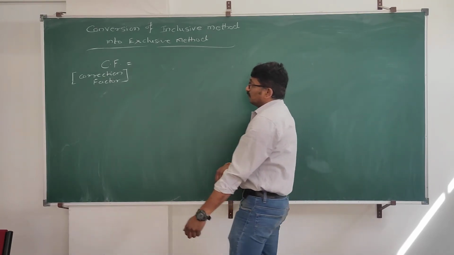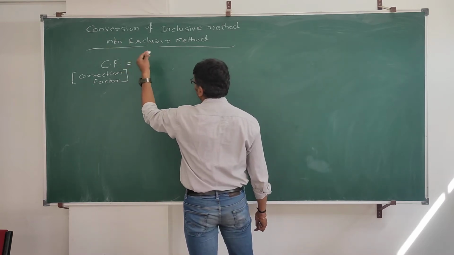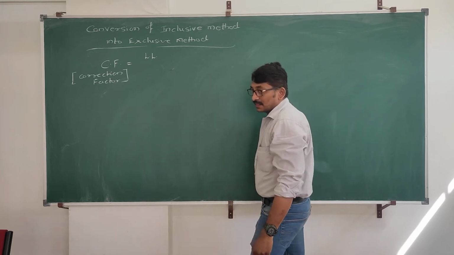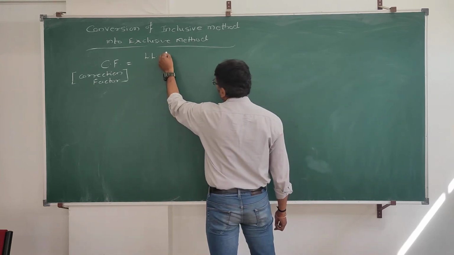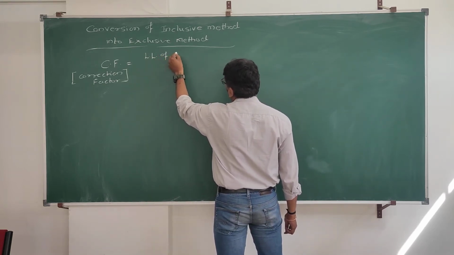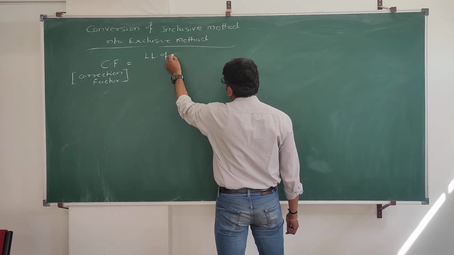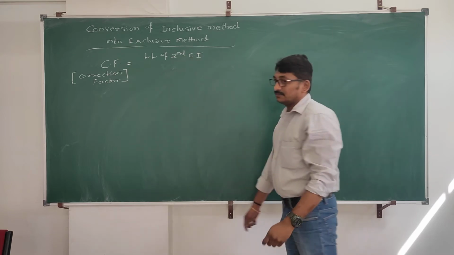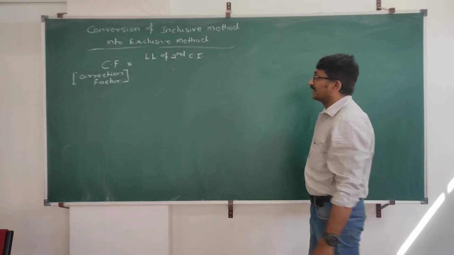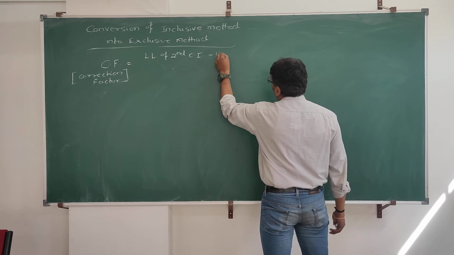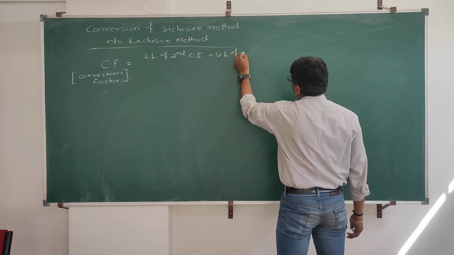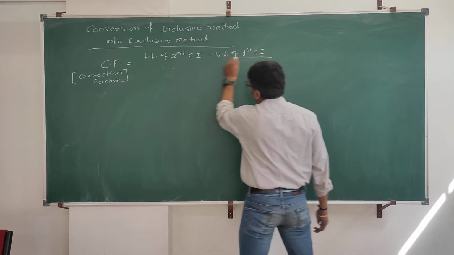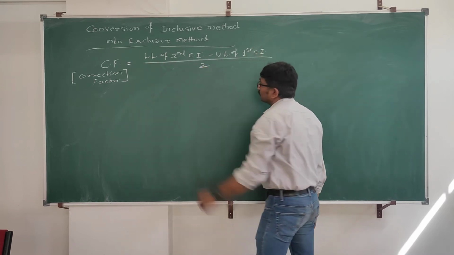Now, the formula of correction factor is lower limit of second class interval minus upper limit of first class interval, divided by 2.